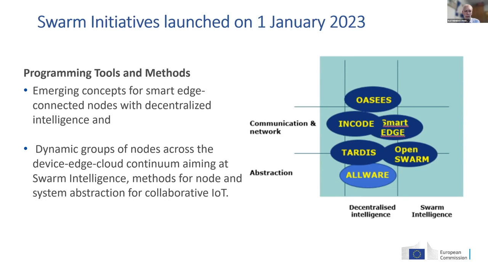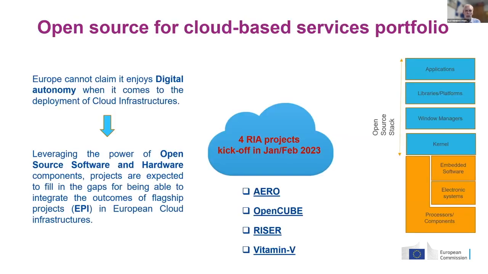is, next slide, please, the outcome of the open source for cloud-based service portfolio. 4 areas have been selected, also kicked off very recently to support Europe's digital autonomy when it comes to deployment of cloud infrastructure. In which way?